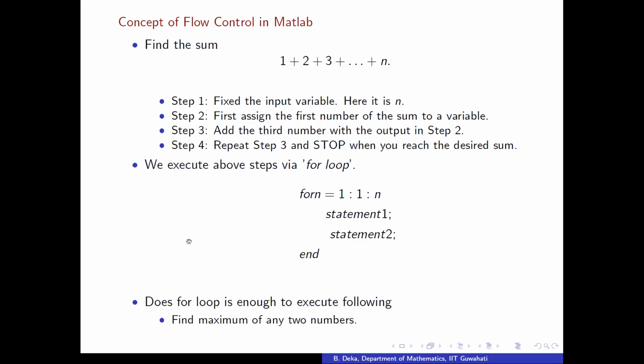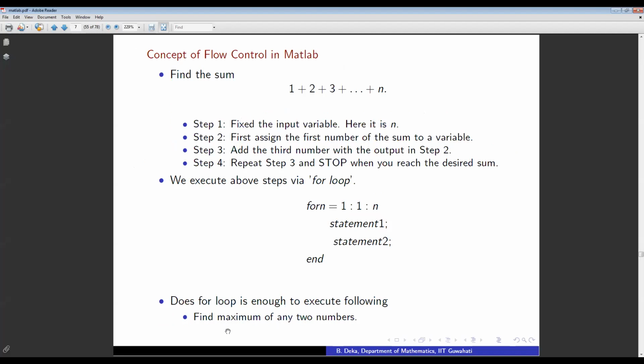Those who are familiar with C, could you please tell me what are the decision making statements in C? Decision making. If else, sir. So if else are basically some sort of logical decision making operation you have to do. Let us see what decision making statements are available in MATLAB.